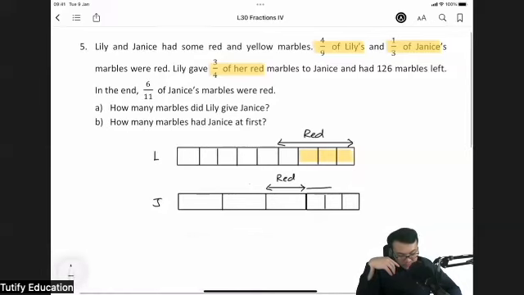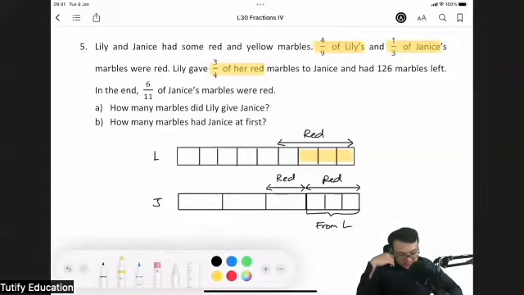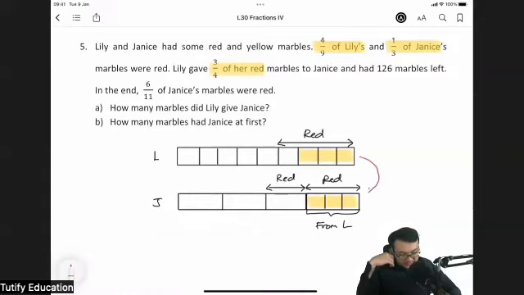So these are all red, and these are coming from Lily. Let me highlight it yellow because it actually came from Lily. Done. Already gave 3 units to Janice.